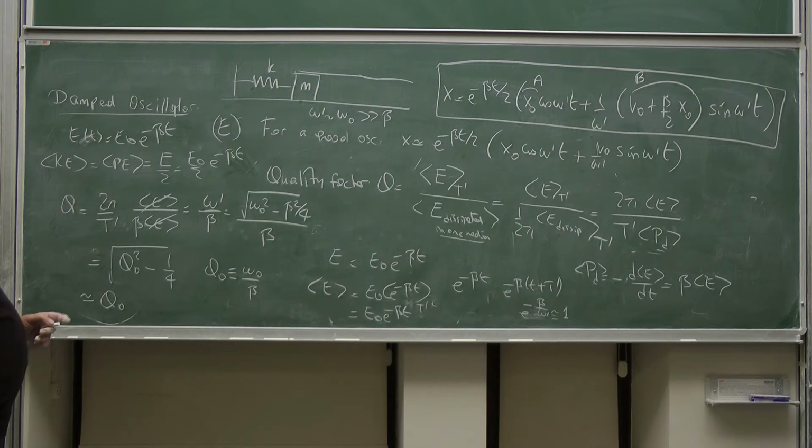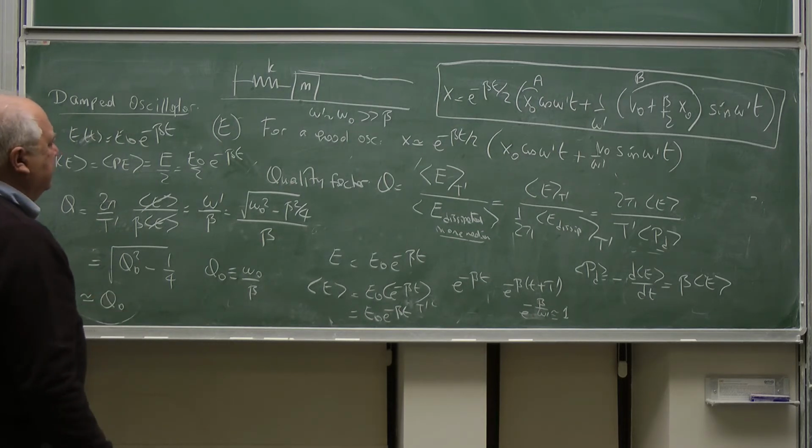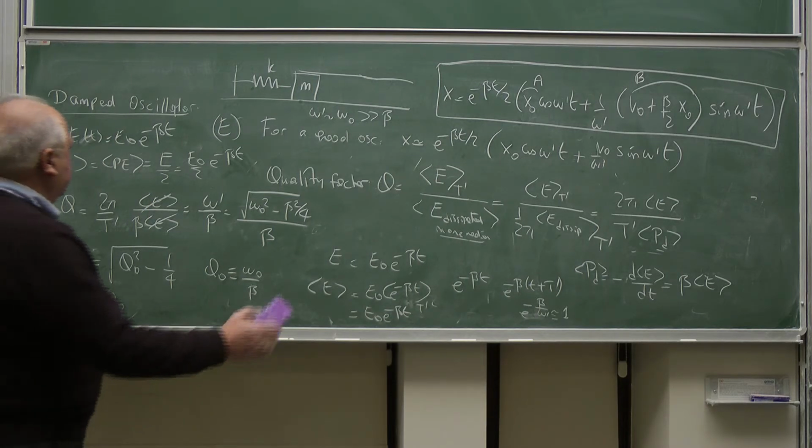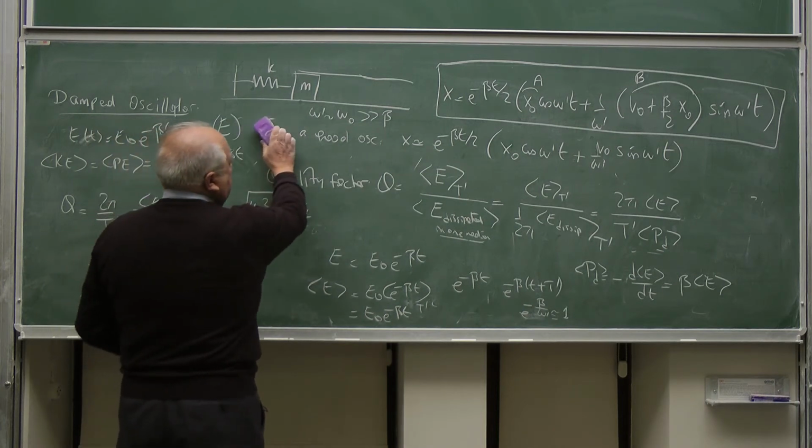Now, in the good oscillator limit, namely weakly damped good oscillator limit, we can compute the correlation functions very easily and very quickly. I'm erasing all these.